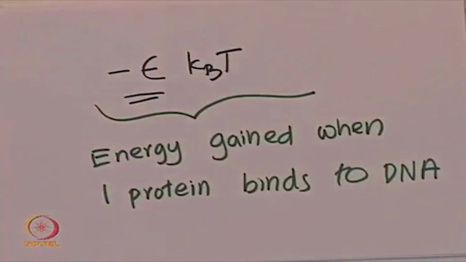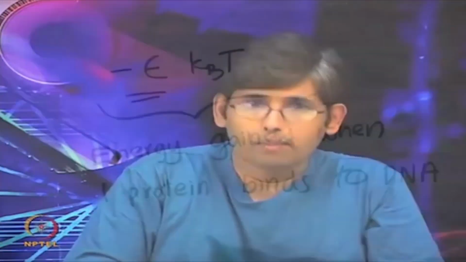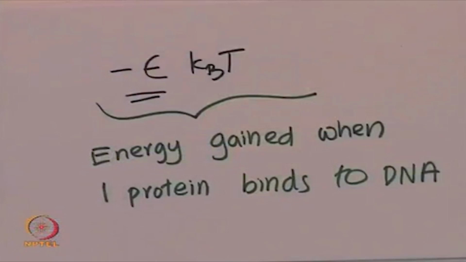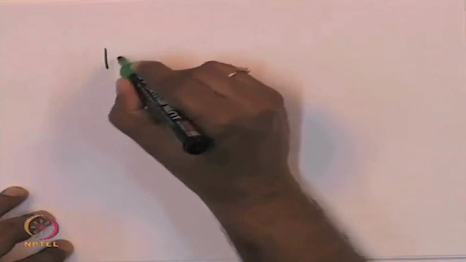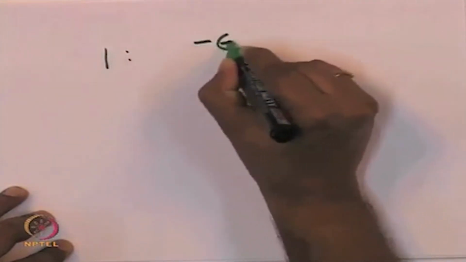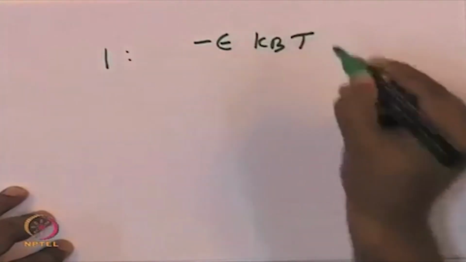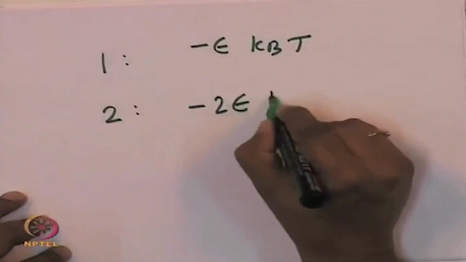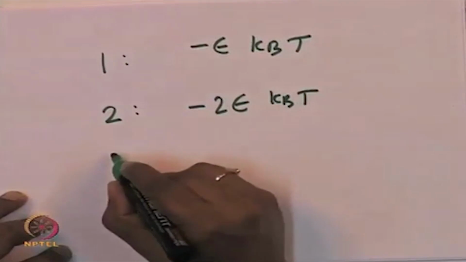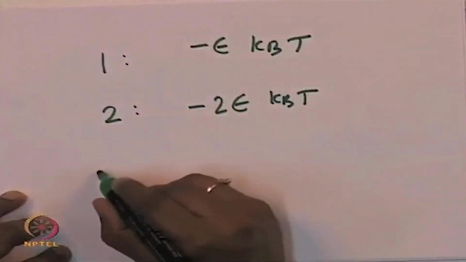If two proteins bind, the energy gain will be minus 2 epsilon kBT. So, one protein gives minus epsilon kBT as the energy gain, two proteins minus 2 epsilon kBT, similarly 3 proteins minus 3 epsilon kBT.